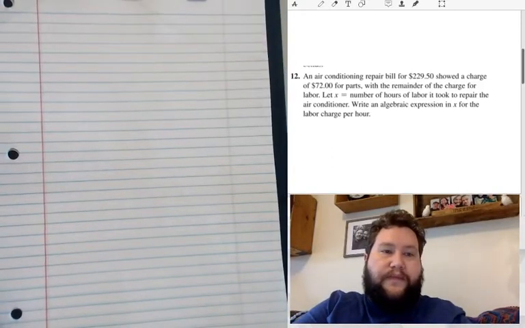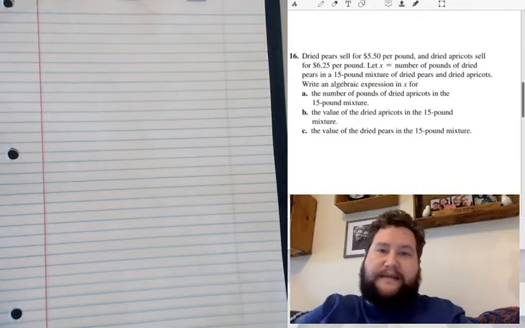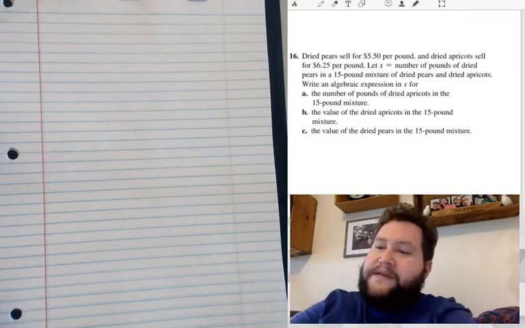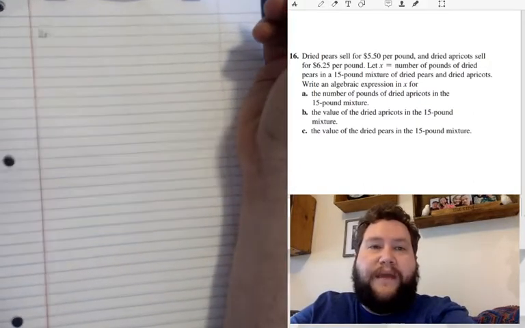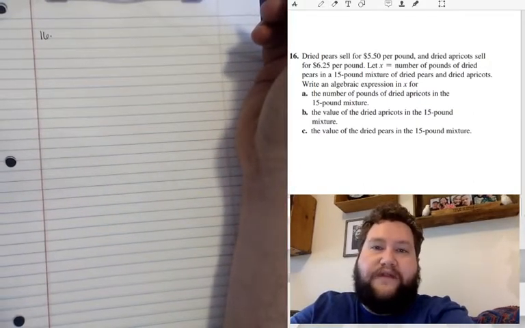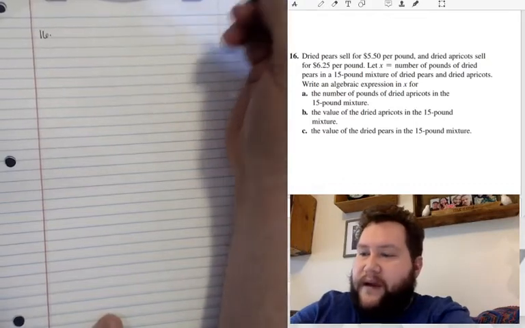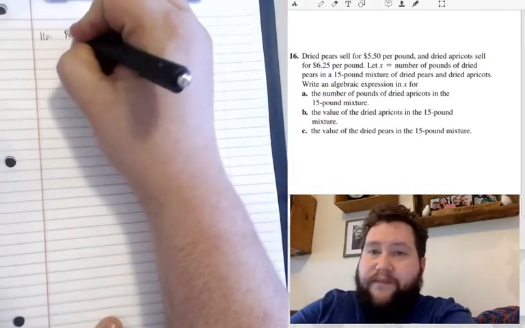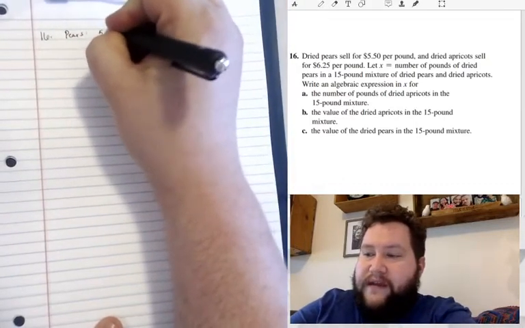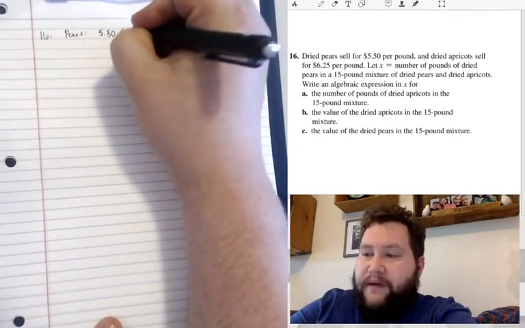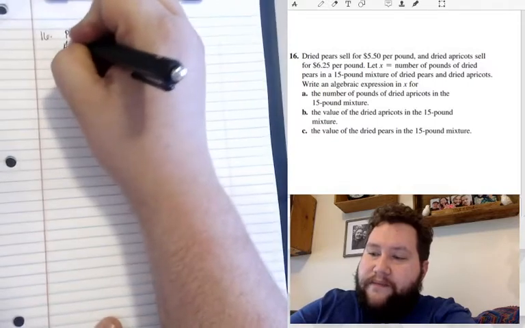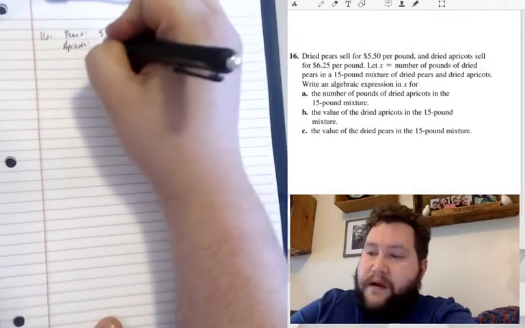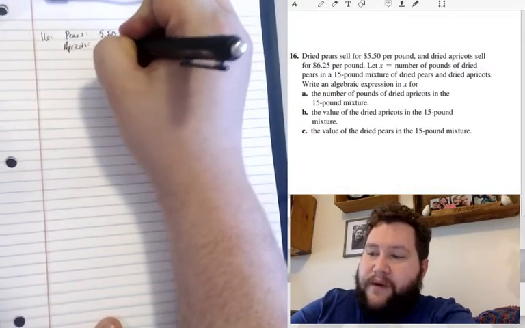So, number 16. Number 16 says that dried pears sell for $5.50 per pound and dried apricots sell for $6.25 per pound. So let's write that. Pears, $5.50 per pound. And then it says apricots are $6.25 per pound.